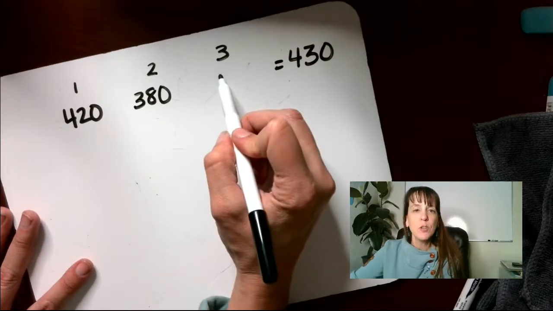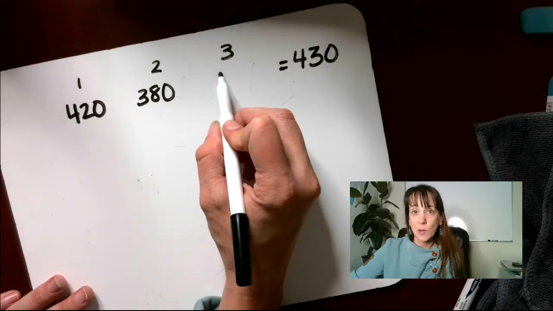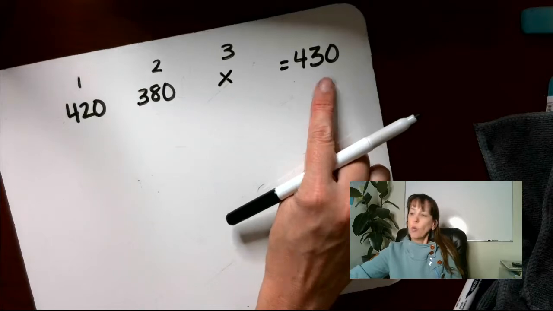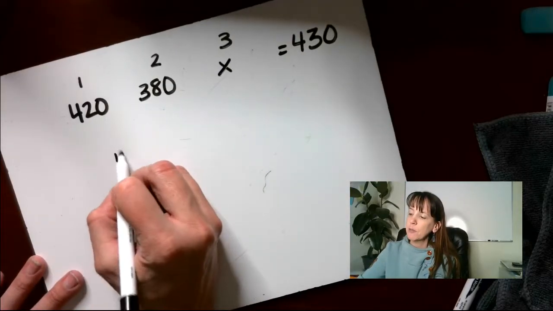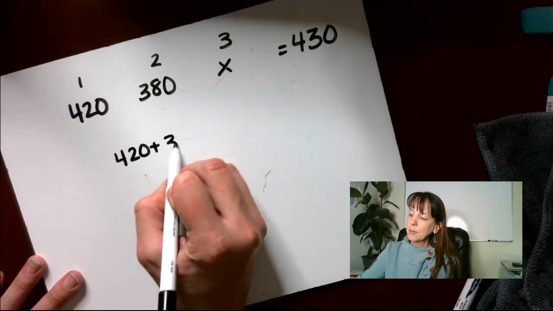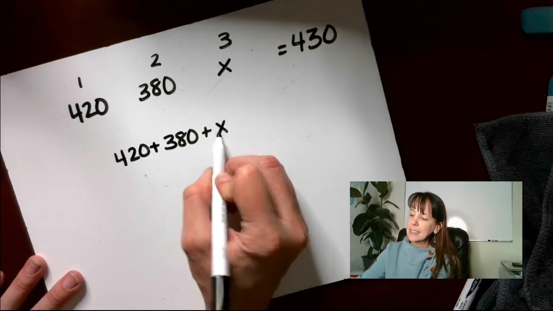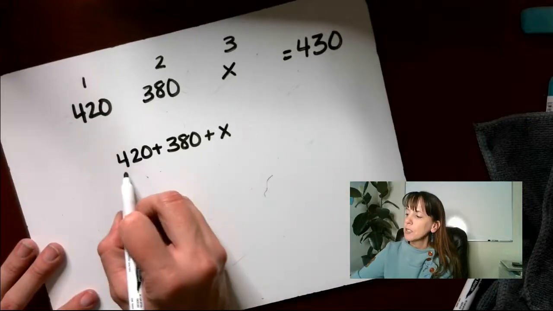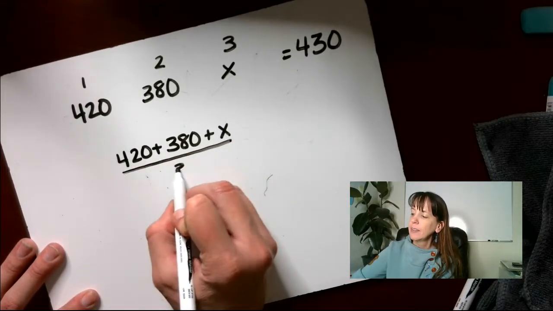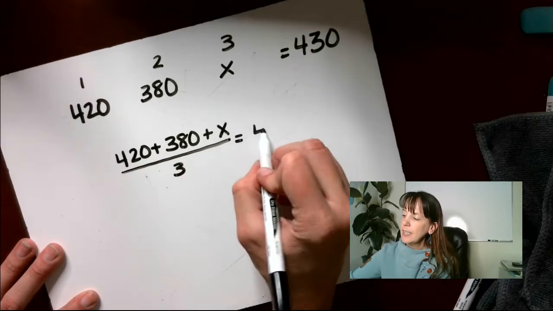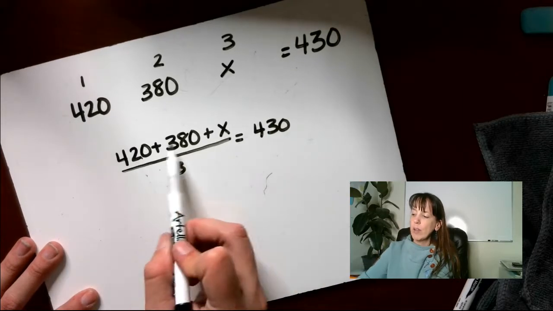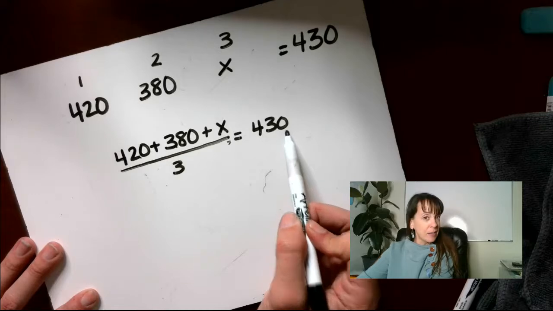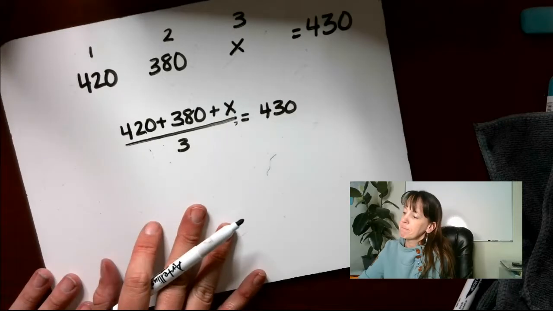So we don't know what the height of the third building is, and when we don't know, we use a variable, right? But what we do know is we have the mean here, and in order to find the mean, we add all these up. So 420 plus 380 plus x, but don't forget, we add them all up and then divide by the number of numbers. So we're going to divide this all by 3 equals 430, because I have 1, 2, 3. All of this would give us our mean, and conveniently they've given us our mean, so we can just insert that right there.